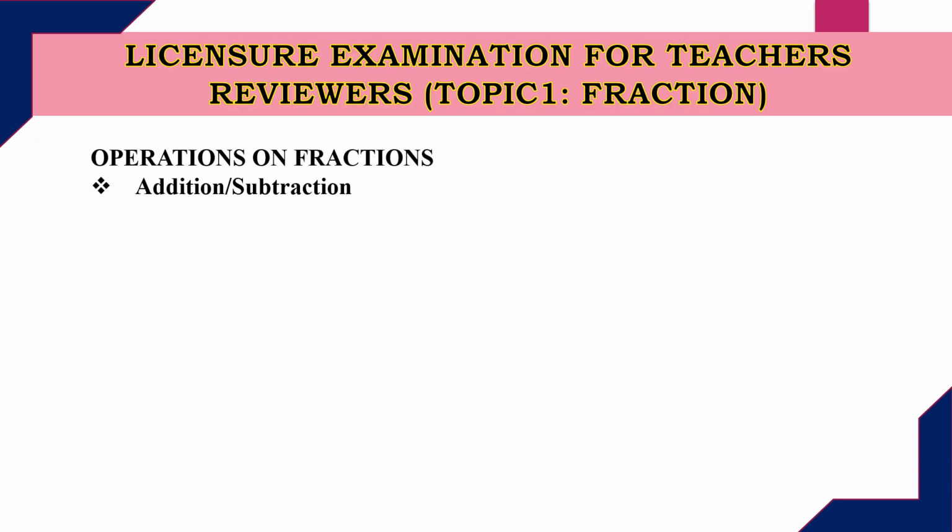First are the rules in adding and subtracting similar fractions. Similar fractions are fractions that have the same denominators, like 1/2, 3/2, 5/2. They are called similar fractions because they have the same denominators.